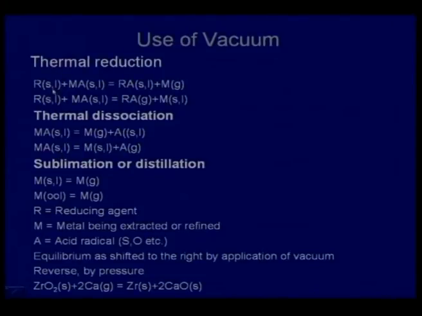Now, when we talk about reduction processes, if we have the metal as a compound, solid or liquid, if we have a reducing agent, solid or liquid, then we can produce the metal either as a gas or solid or liquid, but suppose the reducing agent produces a gas, then in either case the reaction becomes sensitive to vacuum.